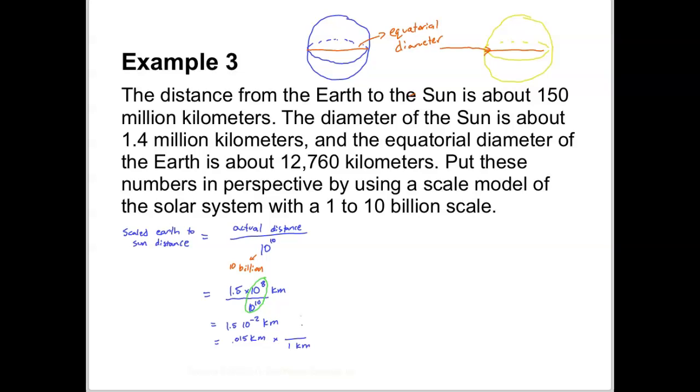There are 1,000 meters per kilometer. When I multiply that out, kilometers cancel, and I'm left with, sorry, 15 meters. All right, so if we scale the universe down by 10 billion, the distance between the Earth and the Sun is 15 meters.